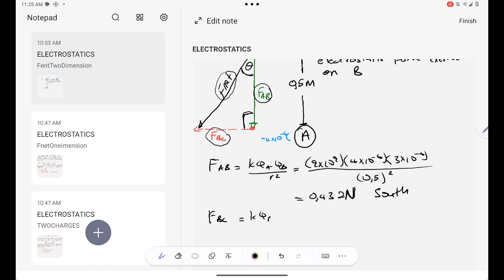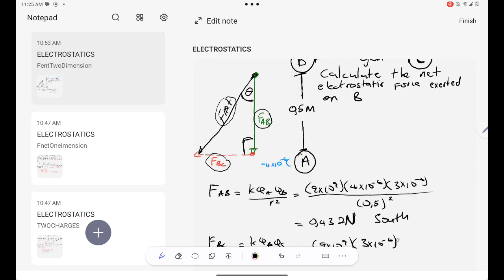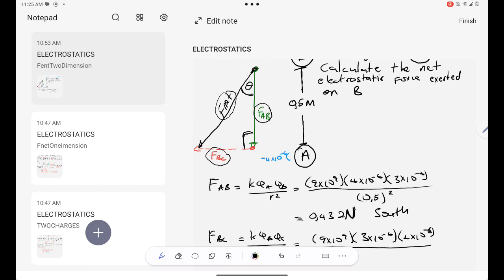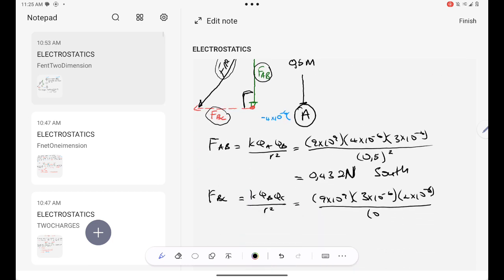That's k QB and QC over r squared. We have 9 times 10 to the power 9, 3 times 10 to the power negative 6 and 2 times 10 to the power negative 6, all over 0.6 squared.